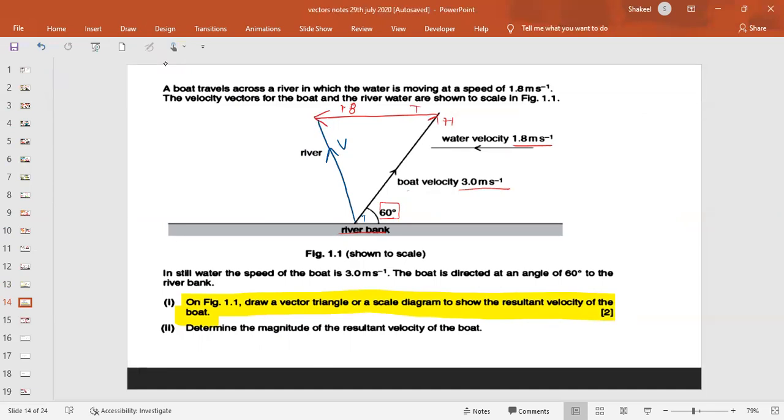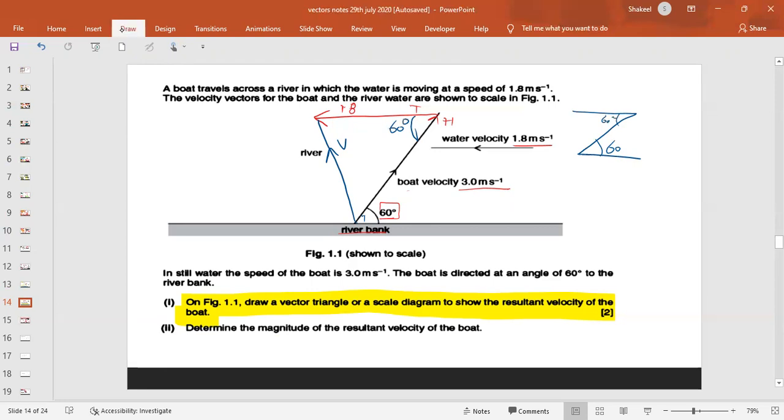And then we have to talk about the angle, as this angle is 60 degrees. So this angle would also be 60 degrees. Or not this angle, but this angle, because this is like Z. So this angle is 60, so this angle would also be 60. So this is actually a 60 degree angle.